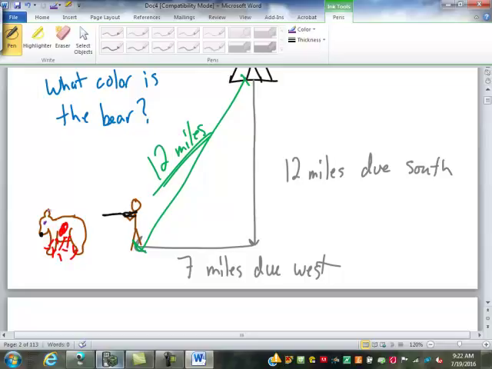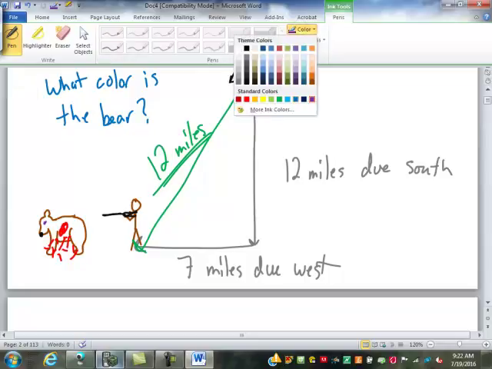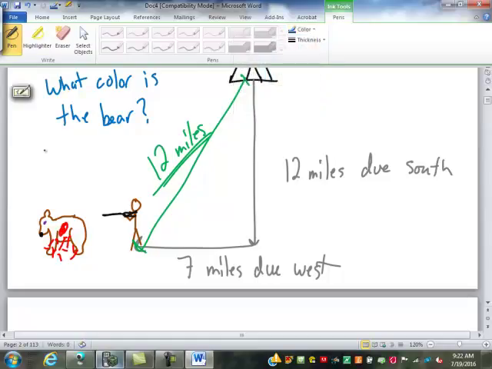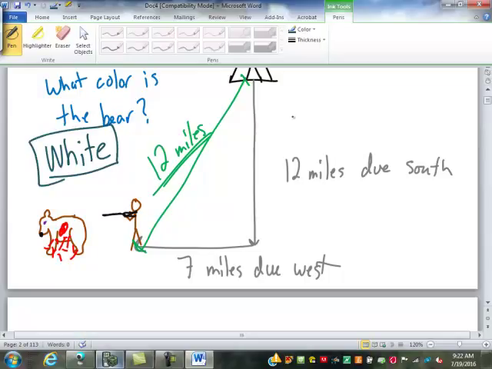Anybody have an answer? The bear must be white. Why? Well, we're used to thinking of geometry as being on a flat surface.